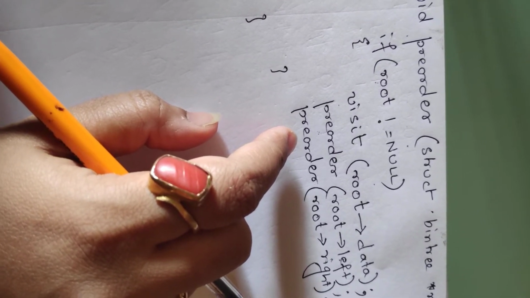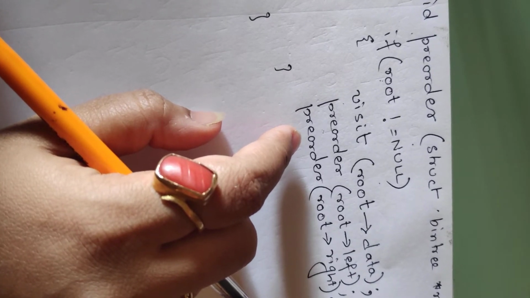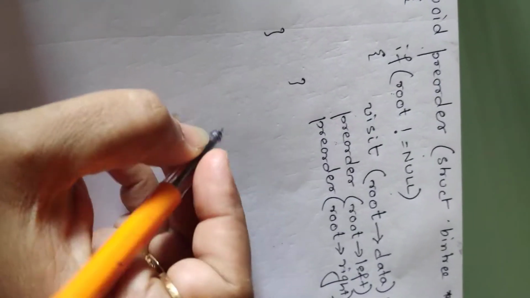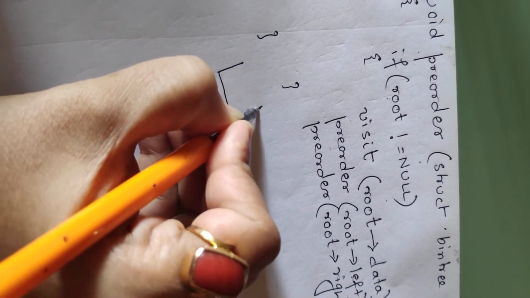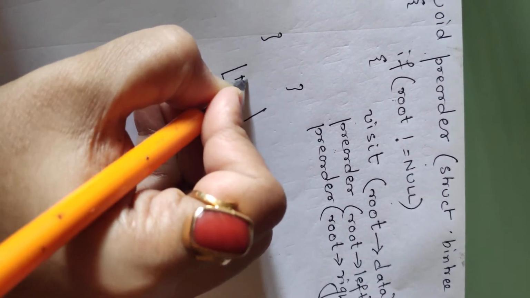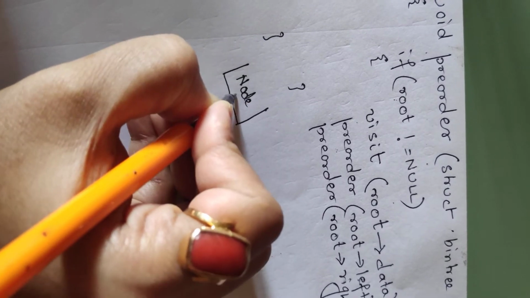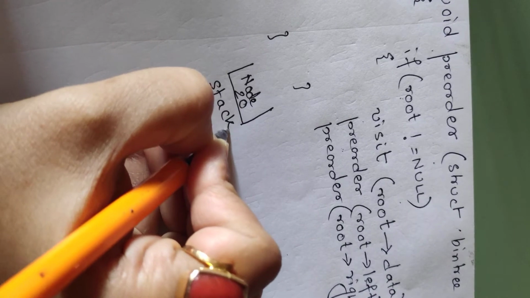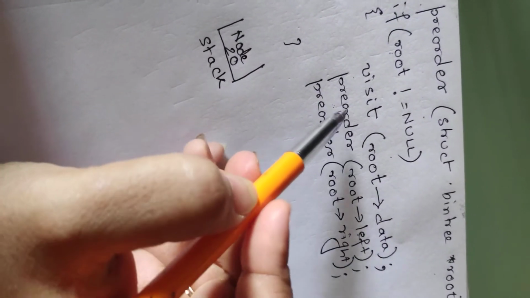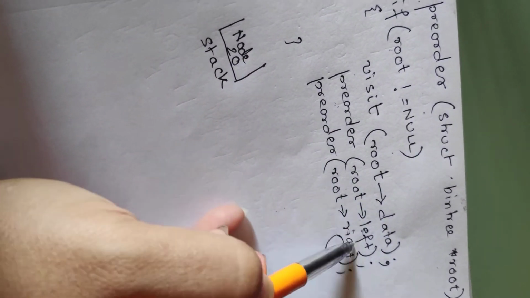Recursion is implemented using stack. So everything related to node 20 will get stored onto the stack. Correct? And we will be calling preorder root left.